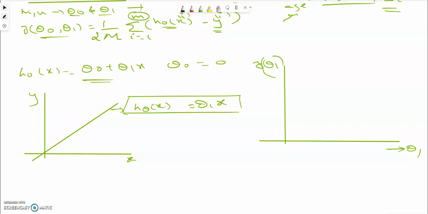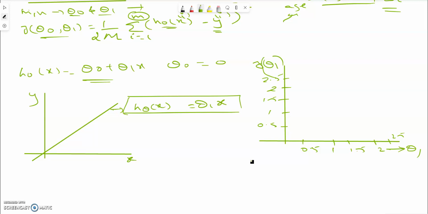Now I wanted to plot the values: 0, 0.5, 1, 1.5, 2, 2.5. Now what I wanted to do here is take the value of theta 1.